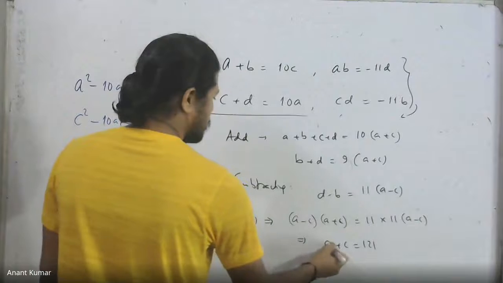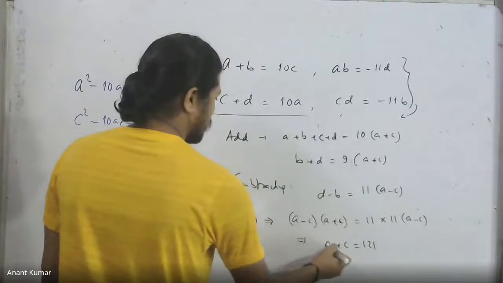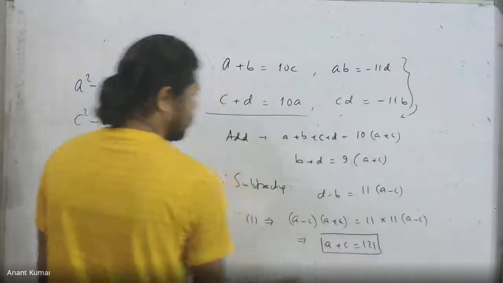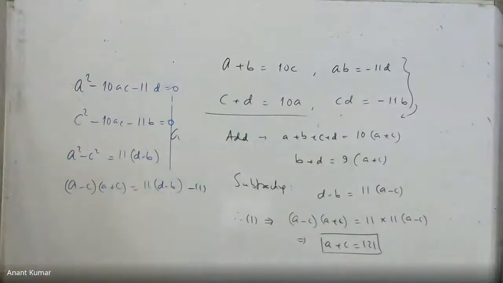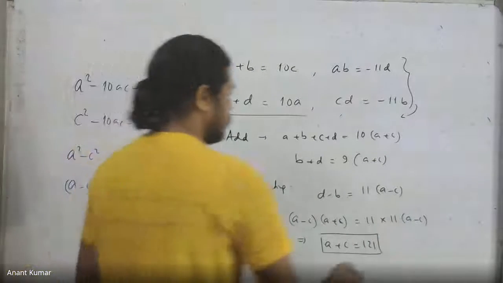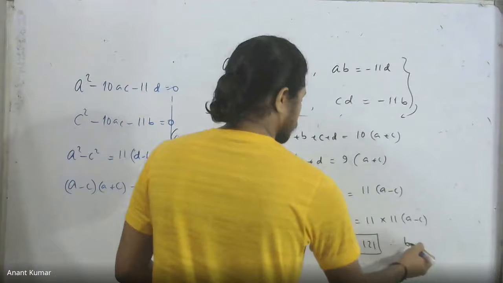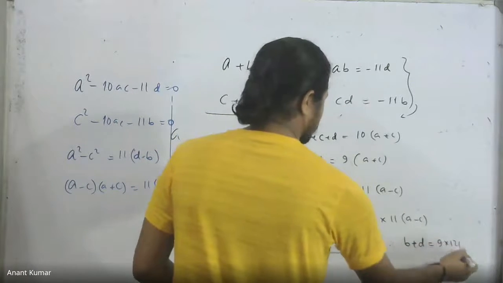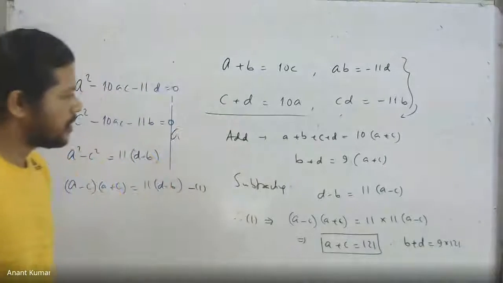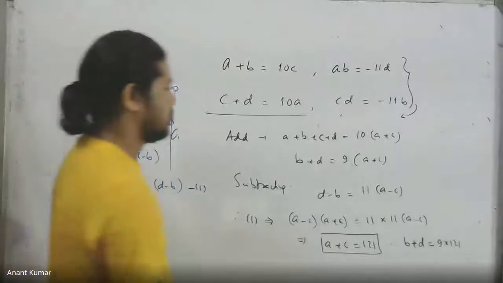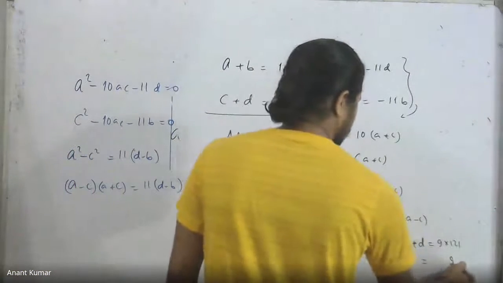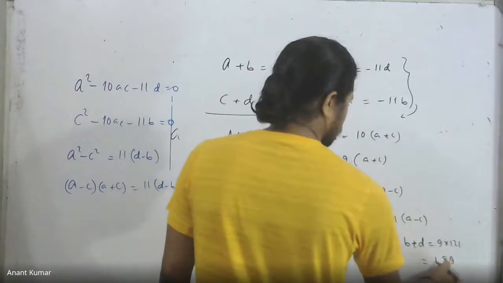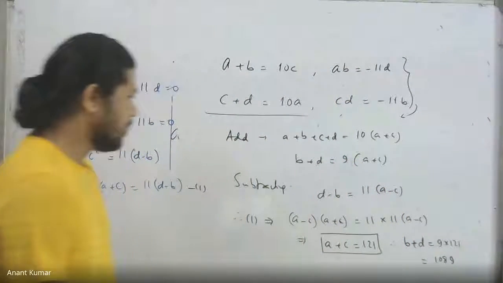So we know A plus C, therefore B plus D will be 9 into 121 from this equation, and that gives us 1089.